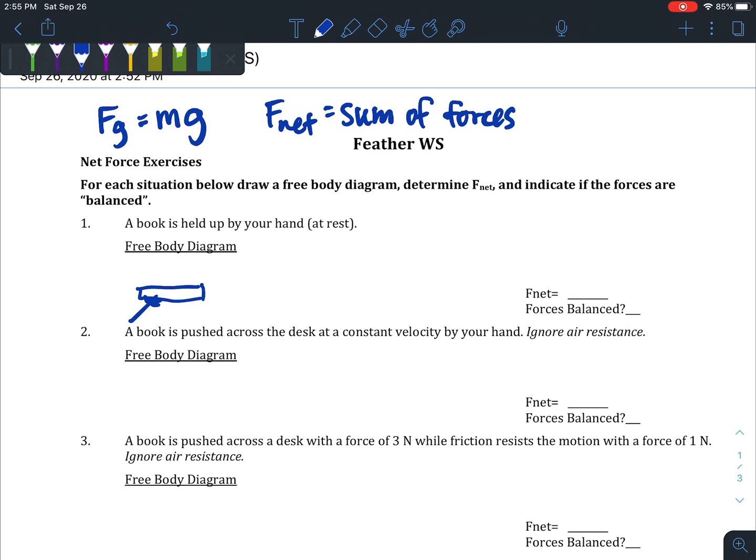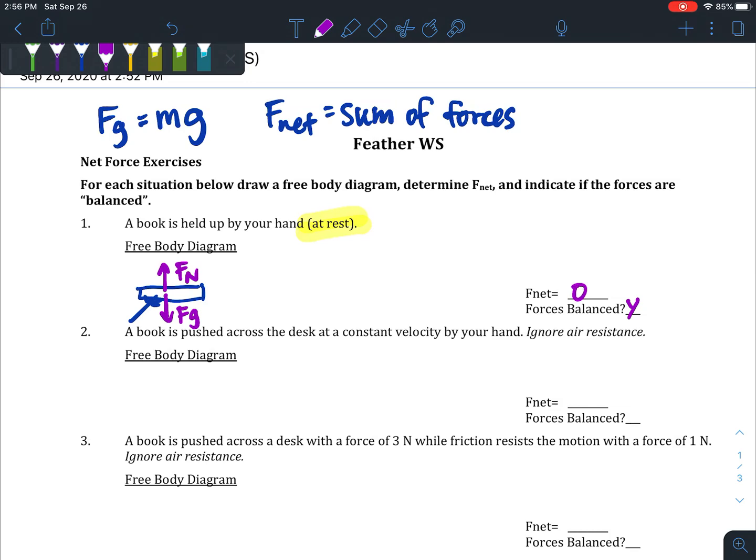Then we want to show all the forces that are acting. We know that gravity is acting on this book, and the hand is providing a normal force. The book is at rest, so the forces must be balanced, and the net force is 0. We have a situation of equilibrium.